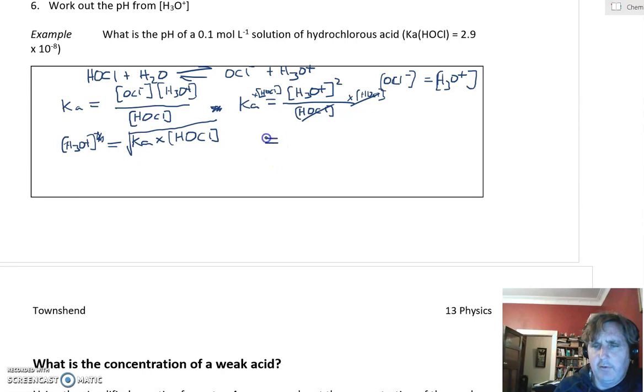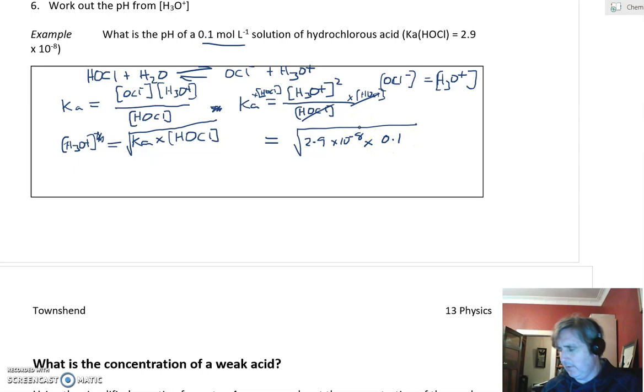And now I'm just going to put the values in here. So it's the square root of Ka, which was 2.9 times 10 to the negative 8, times the concentration of my weak acid, which is here 0.1. So let me just work this out on the calculator.